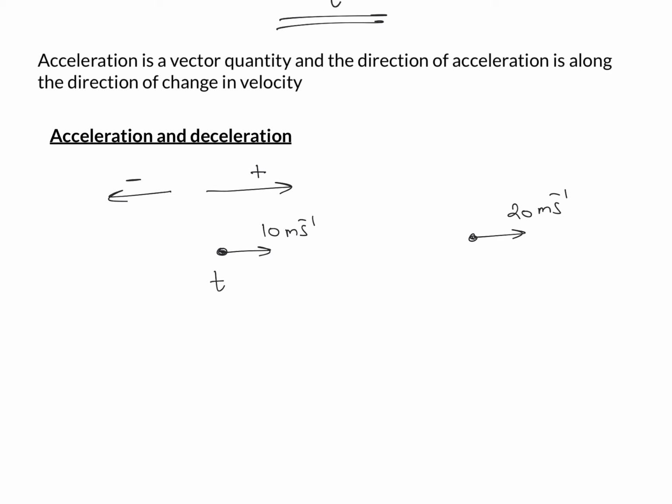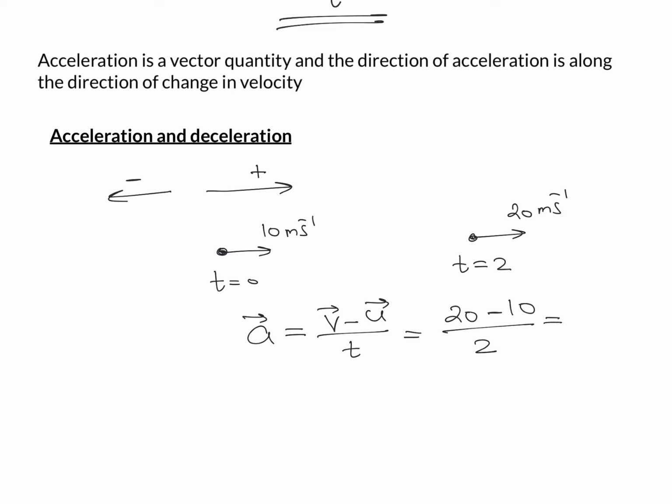Let's say the time changes from t equal to 0 to t equal to 2 seconds. To find the value of acceleration here, we should use this equation: final velocity vector minus initial velocity vector divided by time. Over here final velocity is 20, minus initial velocity 10, divided by time taken, which is 2 seconds.